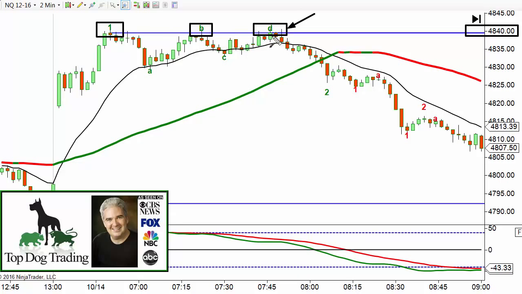So since we've got this, now I've got something to confirm that, and that here is the green line goes below the red line. Again, the green line's the SMI, red line is its average. And this is going down. Momentum often leads price, by the way. That's one of the well-known characteristics of momentum. And so we get our confirmation of trend change here.